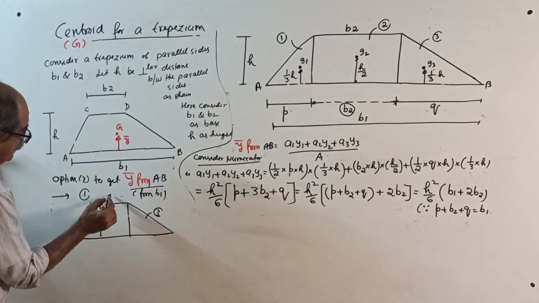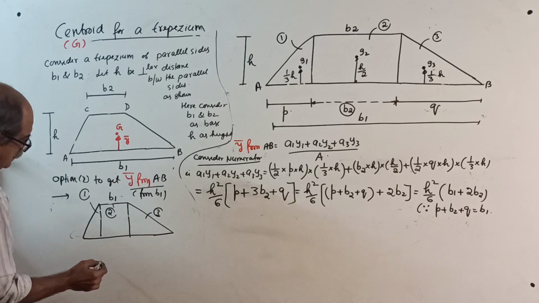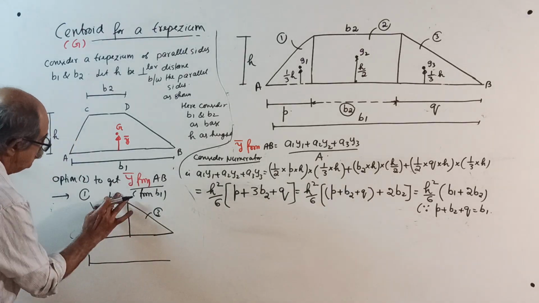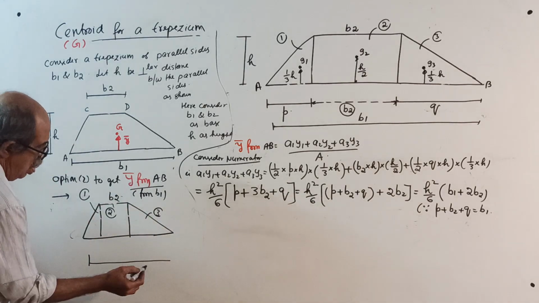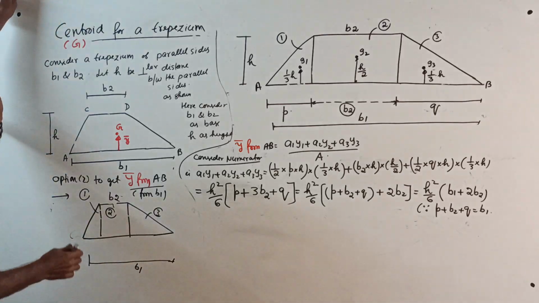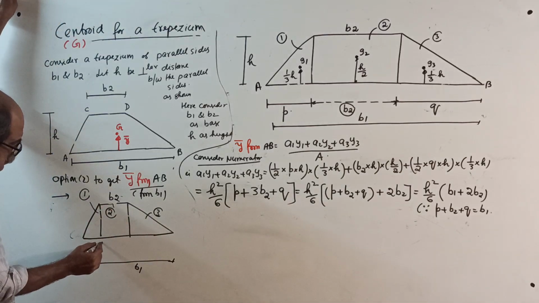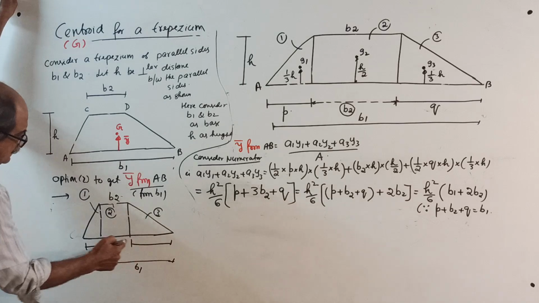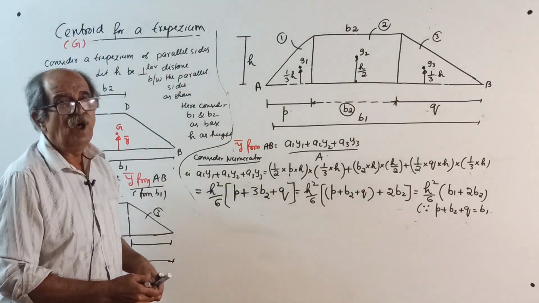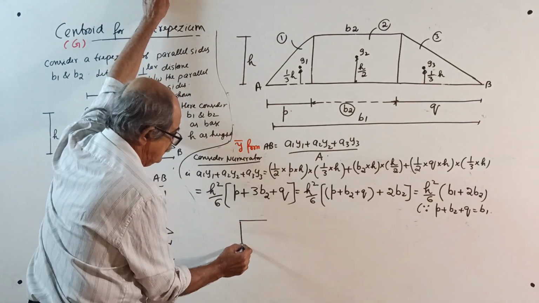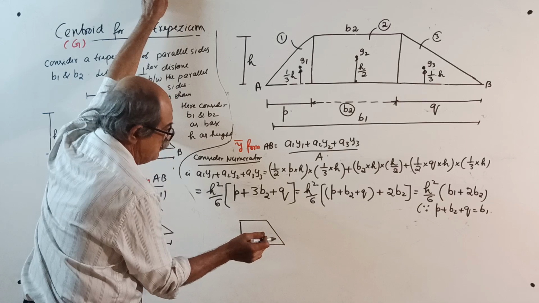Here, this is your B1, this full is your B2, okay, B2, full is B1. Now, there are two offsets here. It is possible that these two are equal or only one offset will come. See, if the trapezium is like this, only one side offset will come.